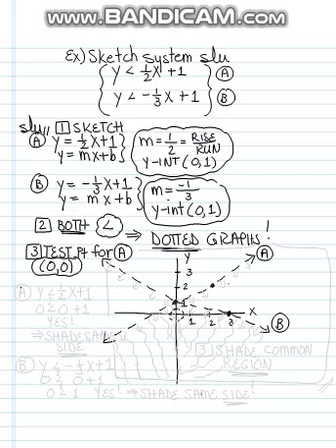Let's test it in inequality A. Does it satisfy inequality A? y less than 1/2 times x plus 1. Plug in x equals 0, y equals 0. Is 0 less than 1/2 times 0, which is 0, plus 1? Is 0 less than 1? And the answer is yes. Okay, so what does that mean?